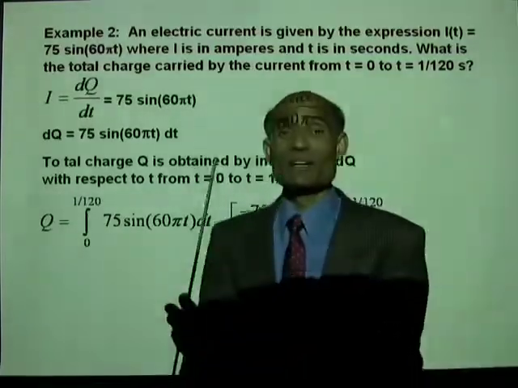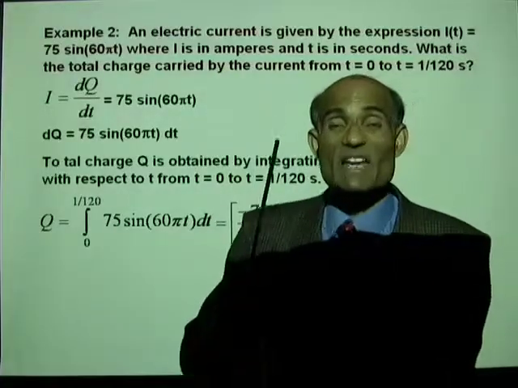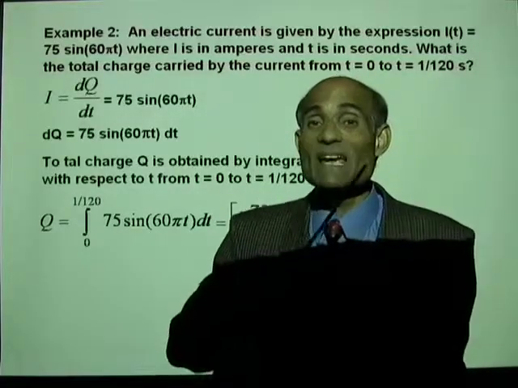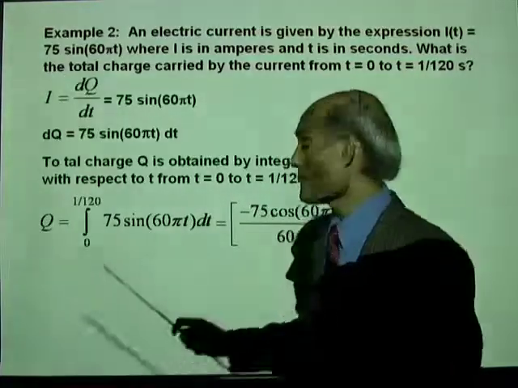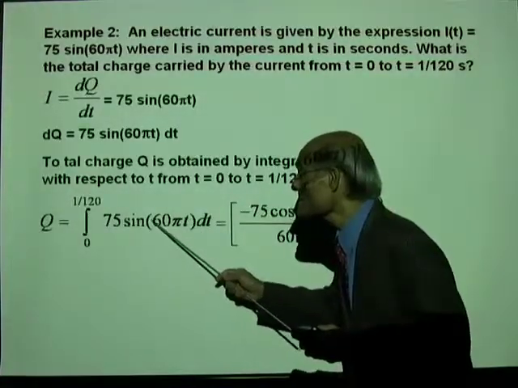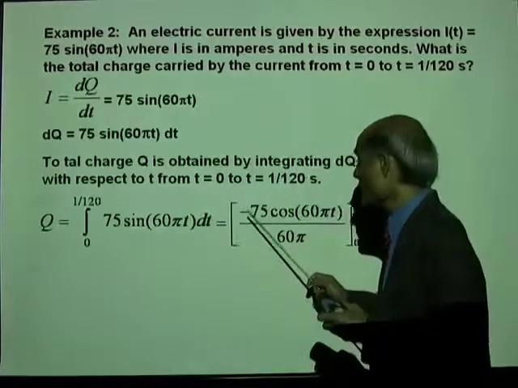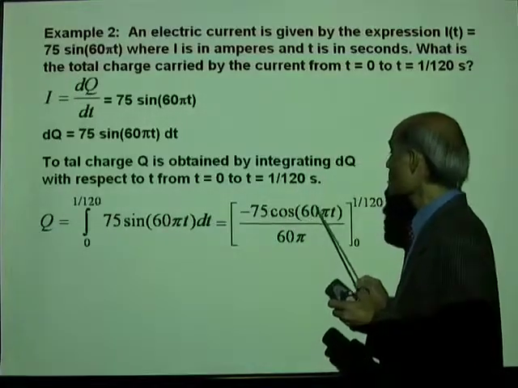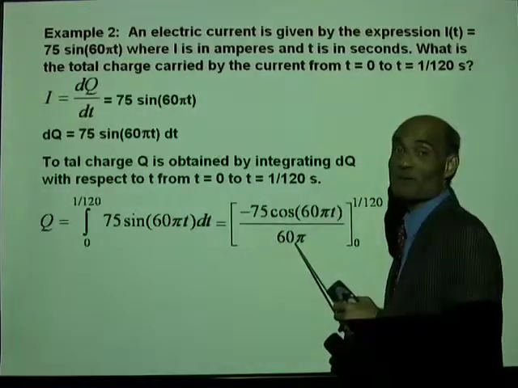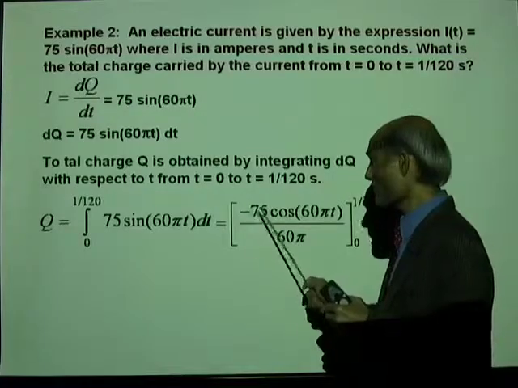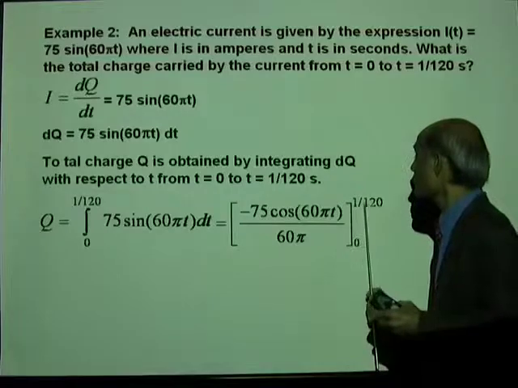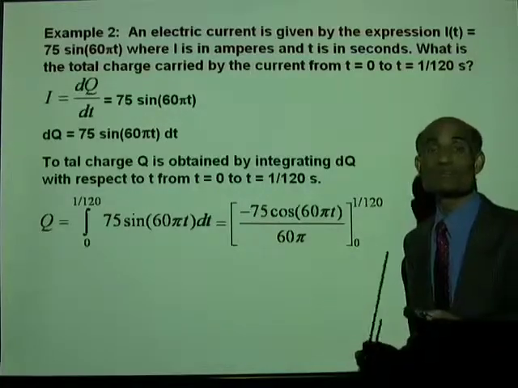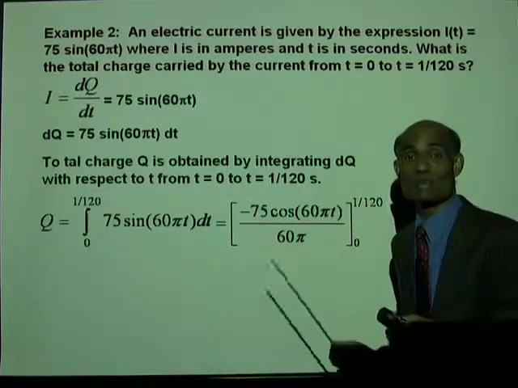You know that the integral of sine ax is negative cos ax divided by a. The integral of sine 60 pi t is negative cos 60 pi t divided by 60 pi. And 75 is a constant. And the lower limit is 0 and the upper limit is 1 over 120.